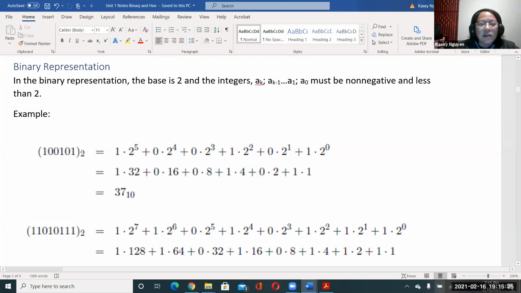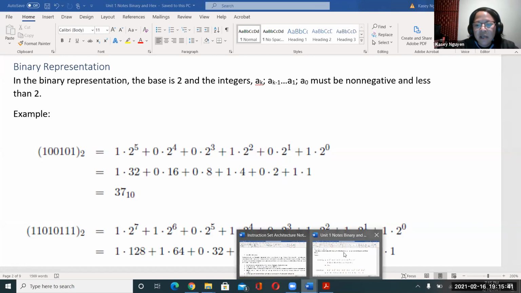There are two methods of approaching this. When you do binary to decimal and decimal to binary, you can use the addition subtraction method, or you can use the division method. Next I'm going to walk you through the assignment.